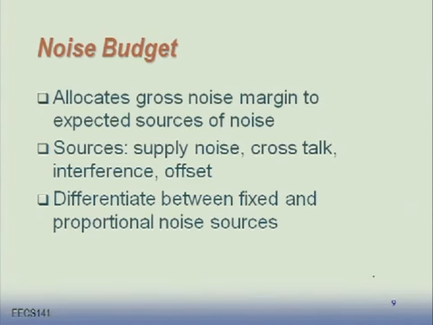It's hard to guess. We found out what the noise margin is, we have some amount of noise margin, we'll try to allocate some of it, and we'll try to keep these main culprits under their budget.